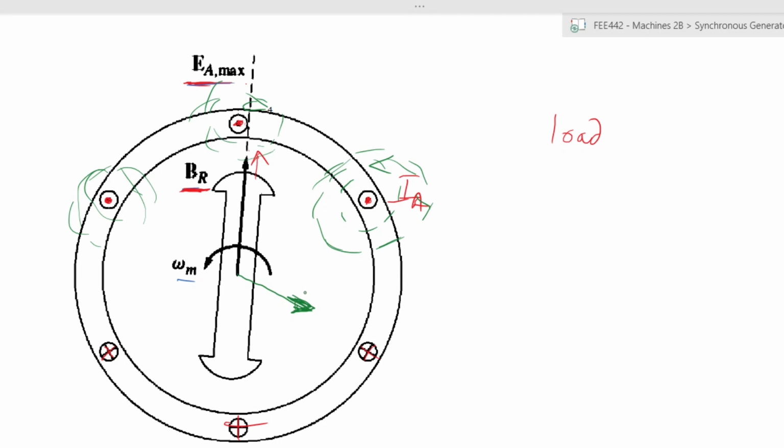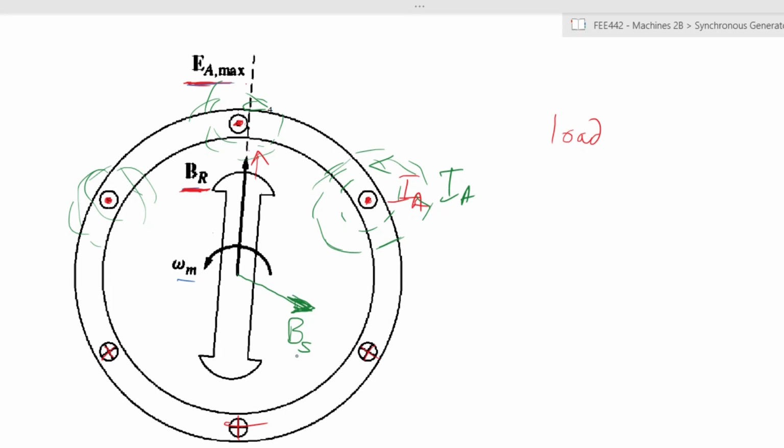Let's say it's moving in that direction. This magnetic field has been created by IA, because there's a current flowing through the conductors, and therefore there's a magnetic field that interacts with the magnetic field that is already there. So this one now is another magnetic field B, but it is because of the stator: the current flowing through the armature windings creates a magnetic field.